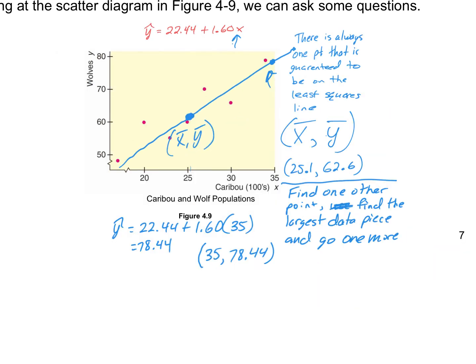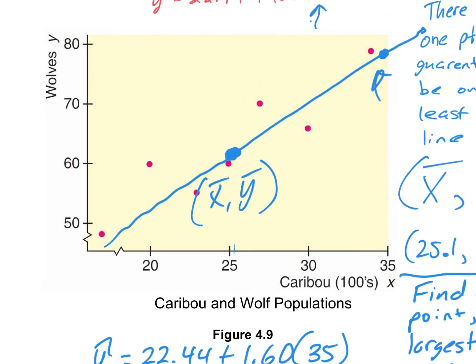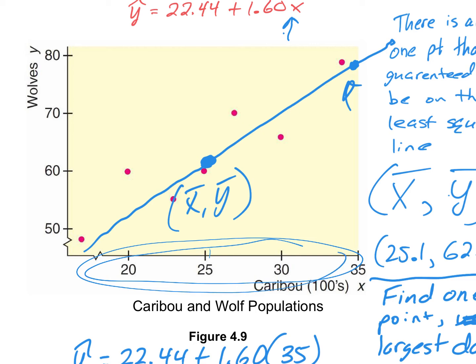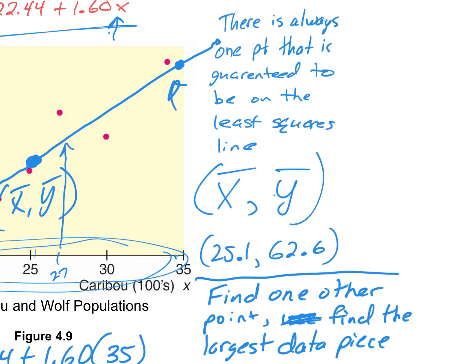So let me talk real quick about interpolation and extrapolation. Interpolation says if you choose any number within this realm, like say 27, if there are 2,700 caribou, could I use this formula to predict how many wolves there should be? The answer is yes, because we are within the realm of the data pieces they gave us. This is called interpolation. Extrapolation is way over here, like 100 for the value.